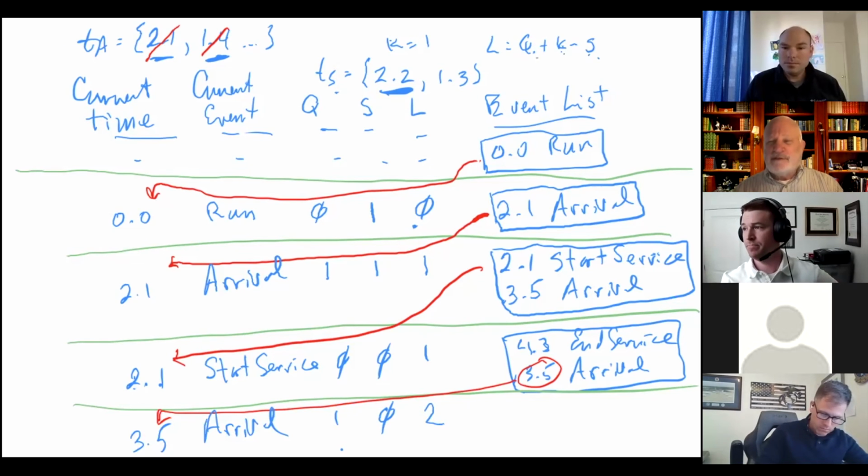Is S bigger than 0? Not last I checked. So we don't do anything. Now something you may be thinking that is not entirely correct: we don't sit around waiting for that start service to happen. We don't do anything.